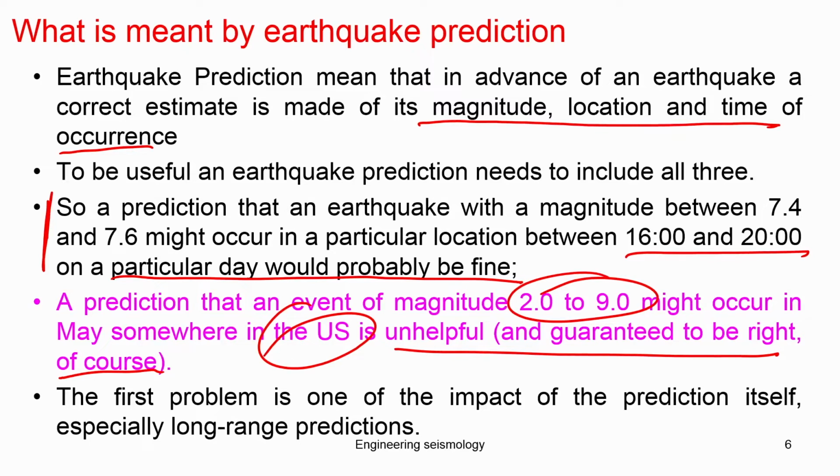The first problem is the impact of the prediction itself, especially long-range prediction. Scientists found that a long-range wrong prediction can cause socio-economic problems with an impact more than the actual earthquake, even if it is not predicted. What it means is, say I predict that a magnitude 7 is going to happen next year at Bangalore.